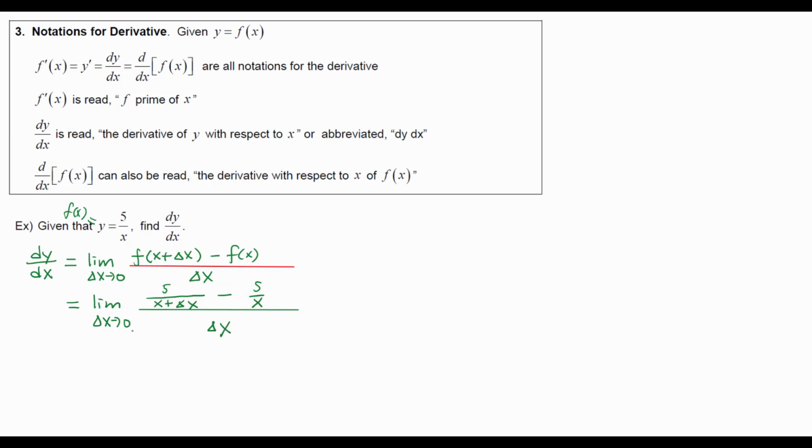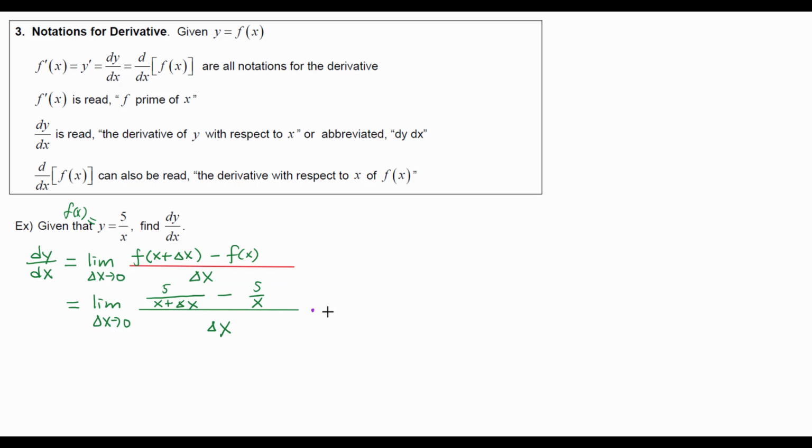And again, if you were to do the direct substitution, 0 for delta x, you can see that I get 5 over x minus 5 over x on the numerator, which is 0 over 0. Direct substitution wouldn't work here again. So we need to use a special technique we learned in chapter 1 again. What I have here is a complex fraction.